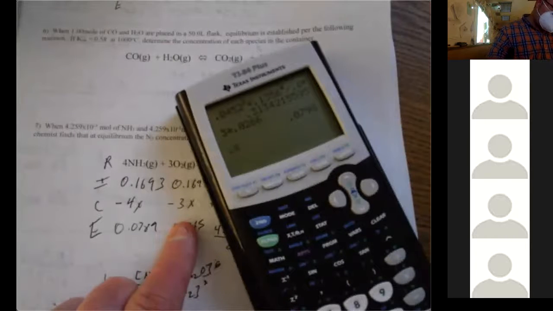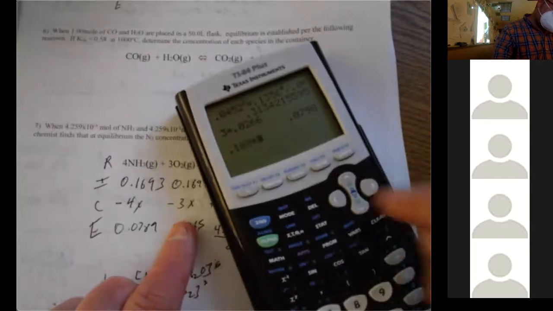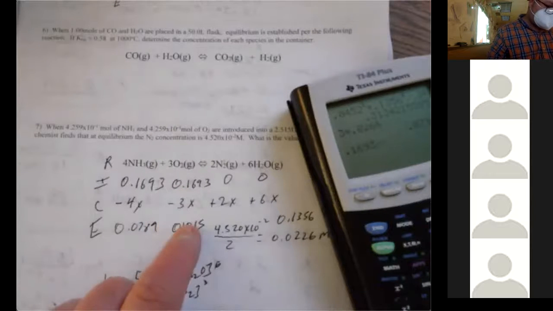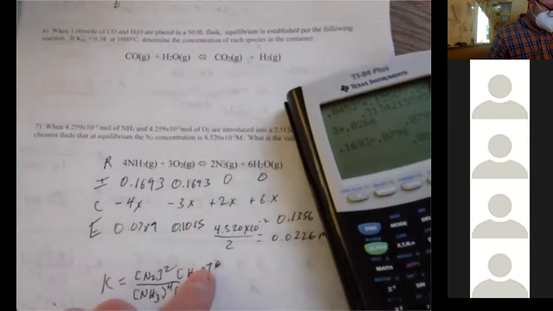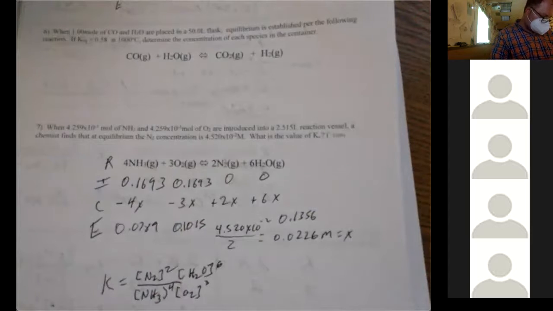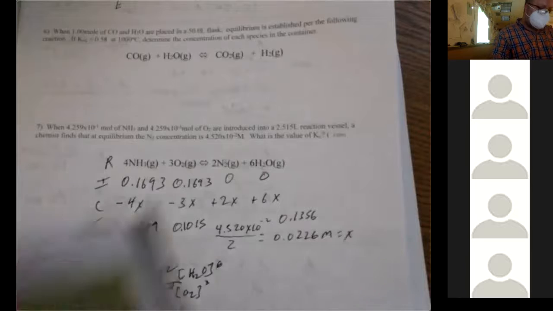So we have to take 0.1693 minus that. Did you subtract this? Yeah, minus the 0.0798. I did 0.0226 times 2, and then I got 0.0678. And what did you get? 0.1012.